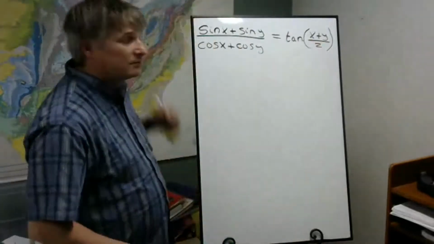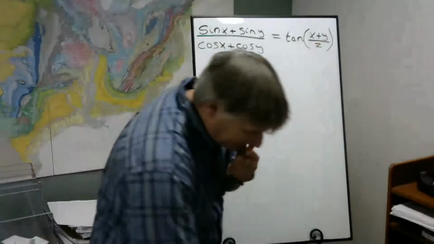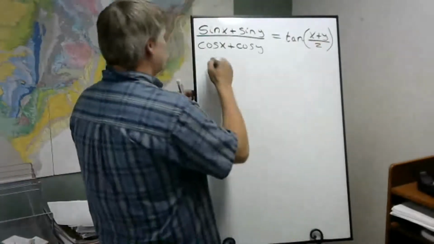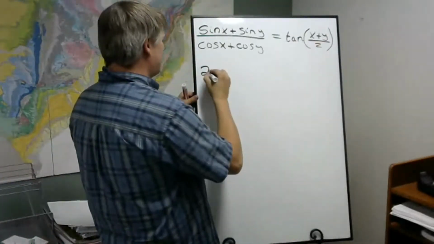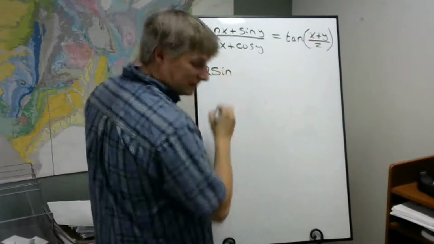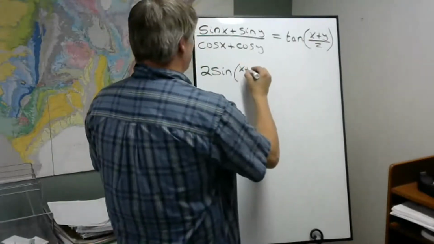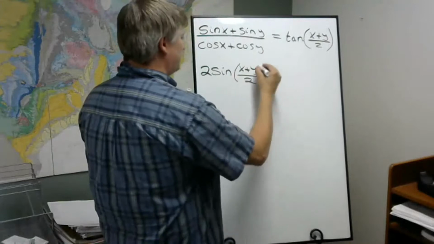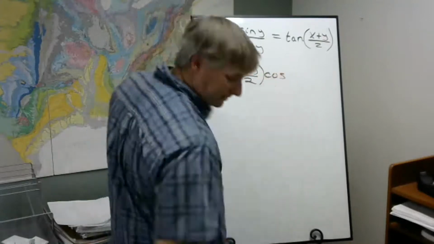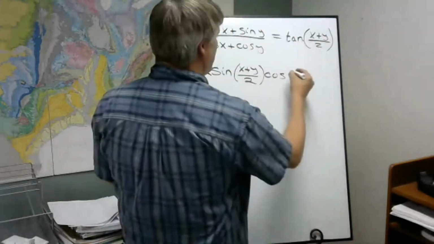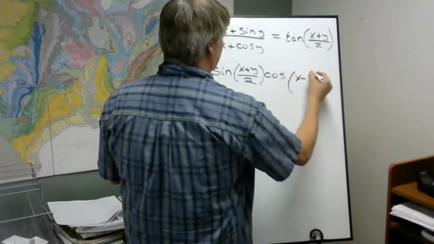So for this one, when you're summing the sines, I'll start on this side. We'll get 2 sine x plus y over 2 cosine x minus y over 2.